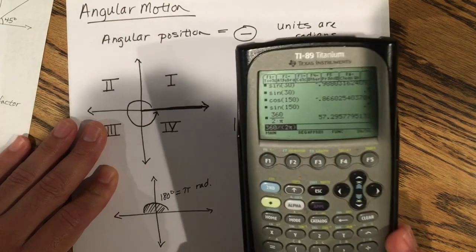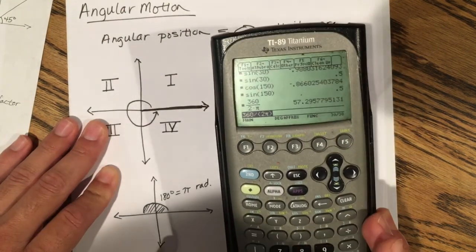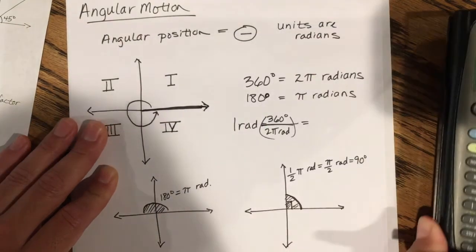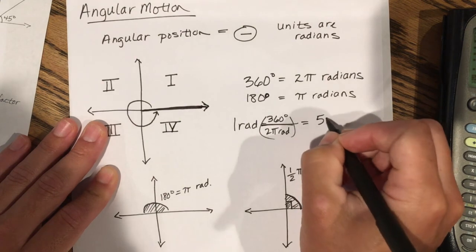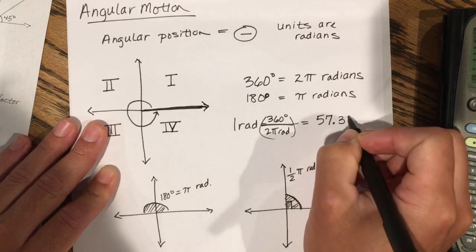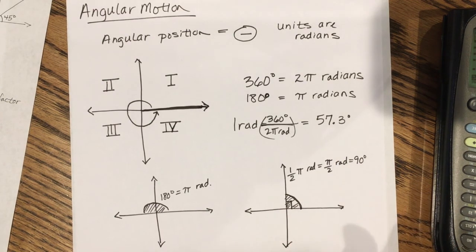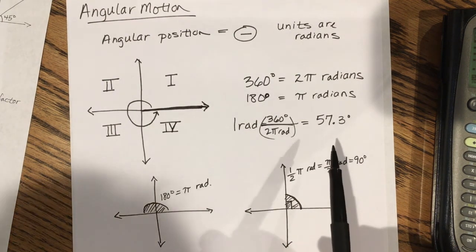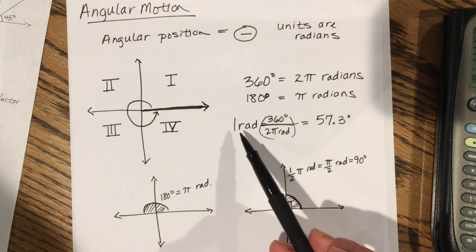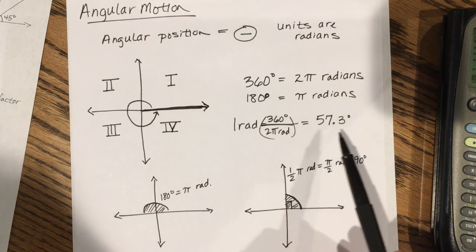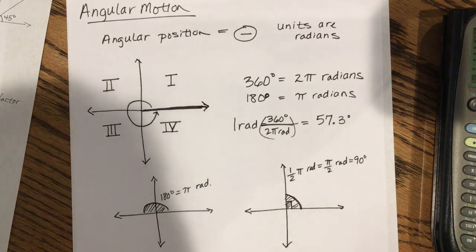And we get 57.3 roughly. So every time you hear a radian, you're thinking 57.3 degrees. So once again, 6.28 of those radians, 6.28 times this, will equal 360.